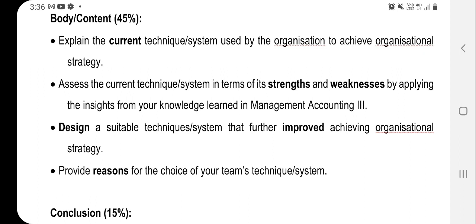And then the second thing in the body of the report is to assess the current technique or system in terms of its strengths and weaknesses by applying the insight from your knowledge learned in management accounting 3.